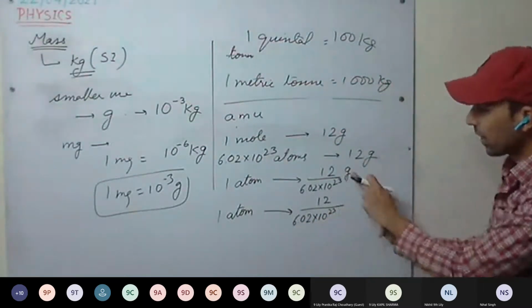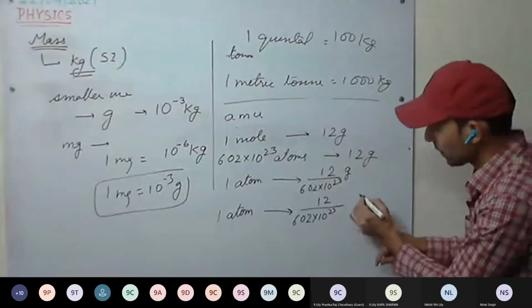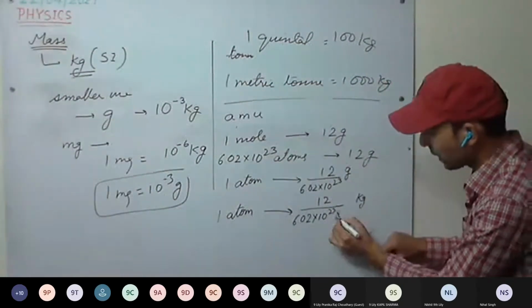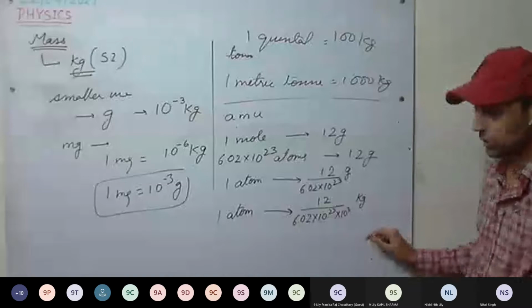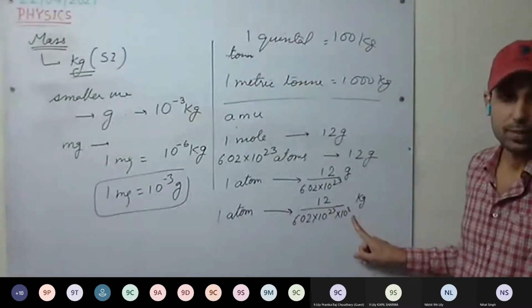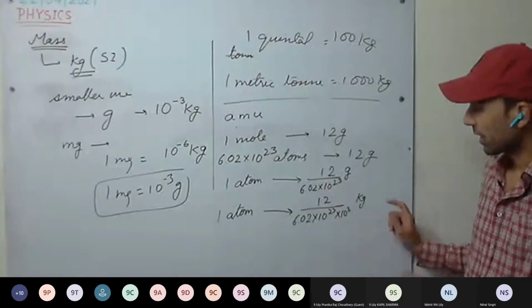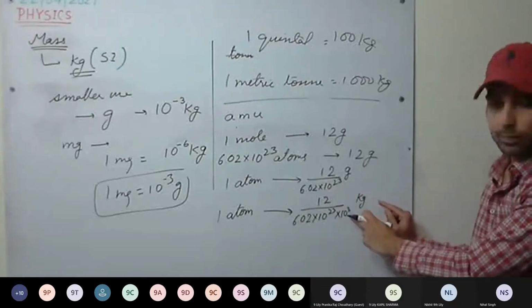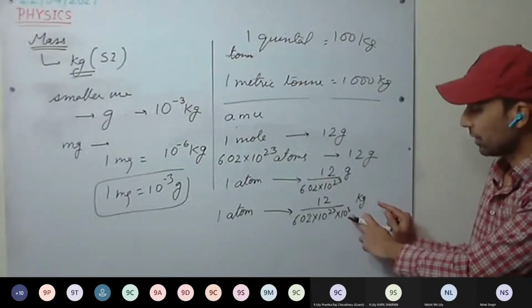Gram converted into kg, and in the denominator we multiply by 10 raised to power 3. Understood? Anyone having doubt here?